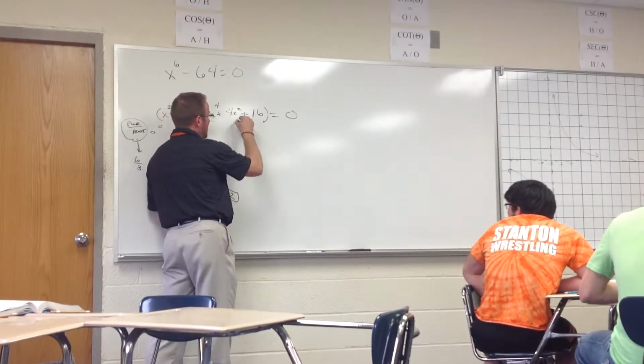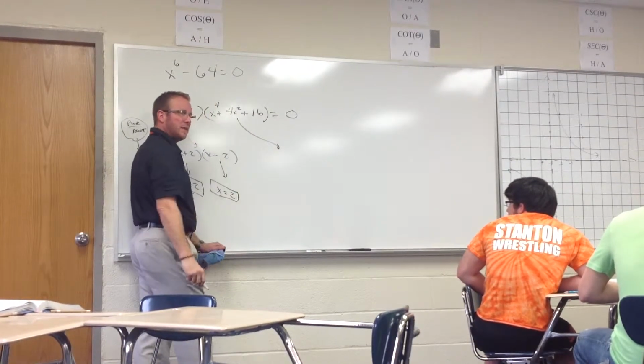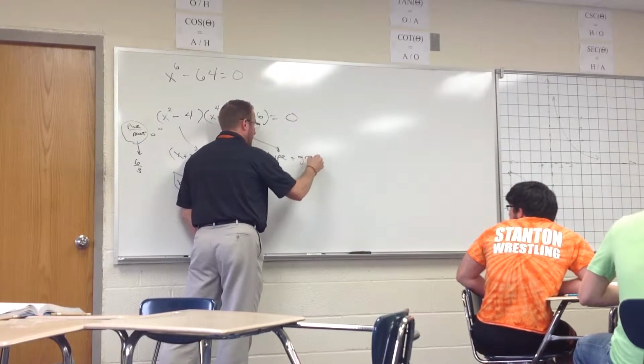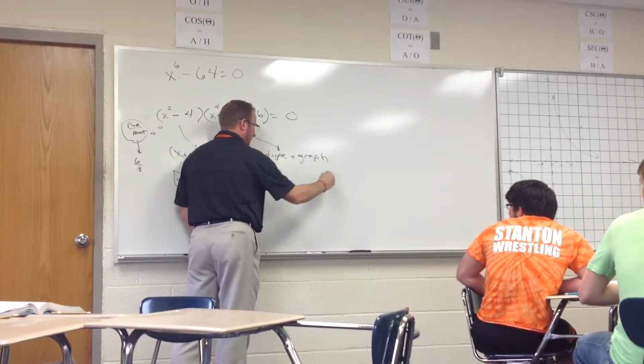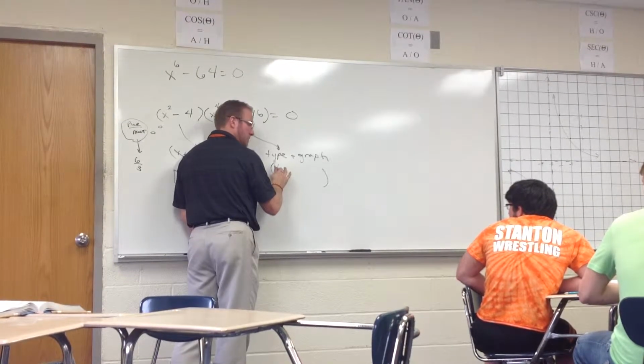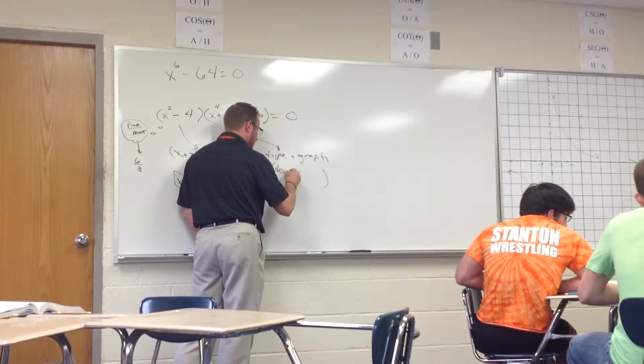But what they're saying is that that leftover factor is a little bit ugly. Type and graph it, and you'll realize it doesn't have zeros. Right? That blue curve has no zeros.